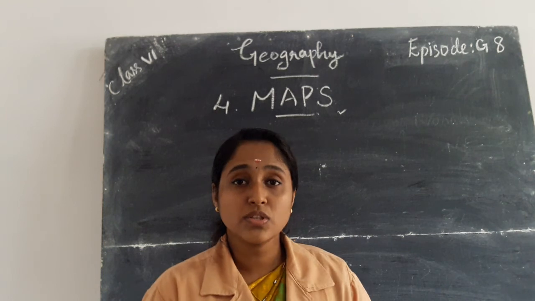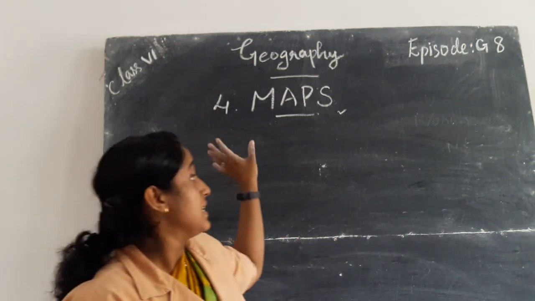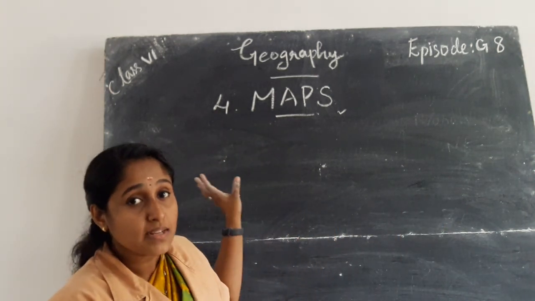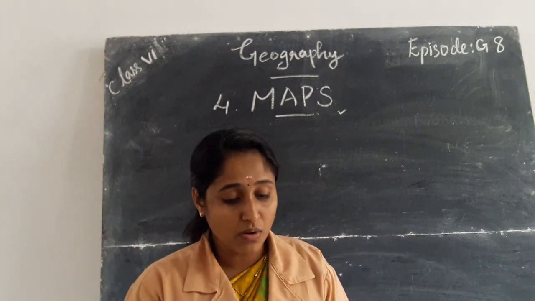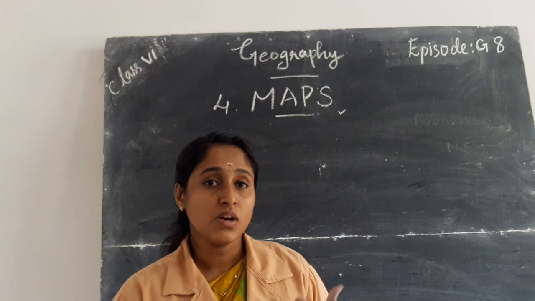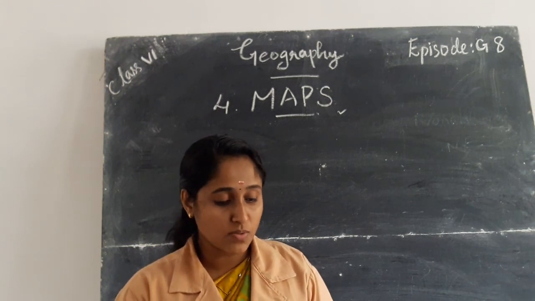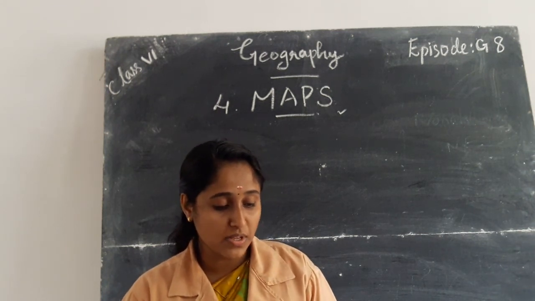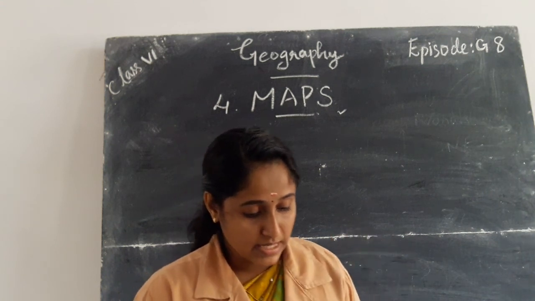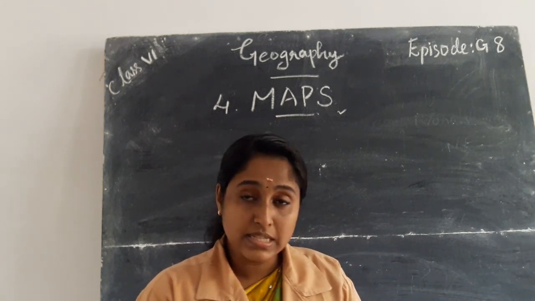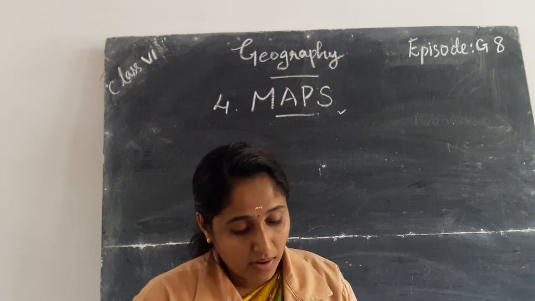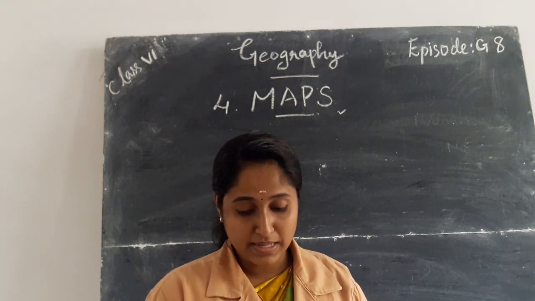The international arrangement regarding symbols is called conventional symbols. We use them for railway, roads, boundaries, rivers, bridges, post office, telegraph, police stations, settlements and trees.